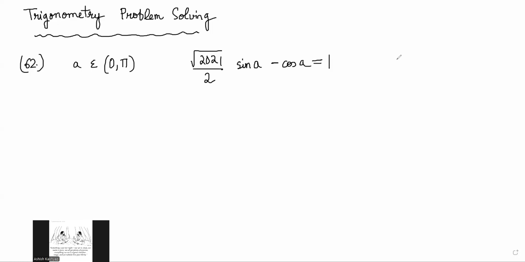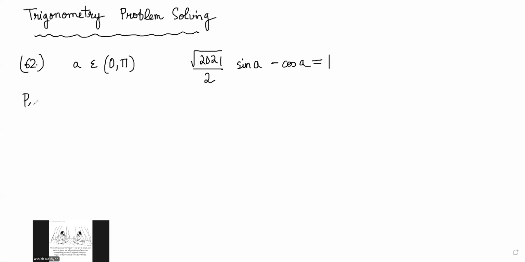Okay, let's start with that 62. The question is saying A belongs to 0 to pi and you have root over 2021 divided by 2 sin A minus cos A equals 1.